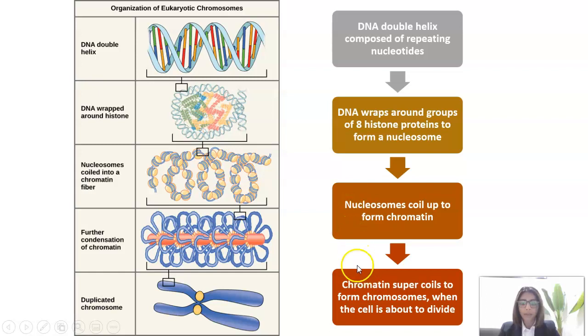And chromatin will eventually supercoil up, which is what you're seeing in this picture, to form chromosomes, which are what we see when a cell is about to divide. So here you can see a double chromosome. So use this information to help you complete page 5 of your booklet.